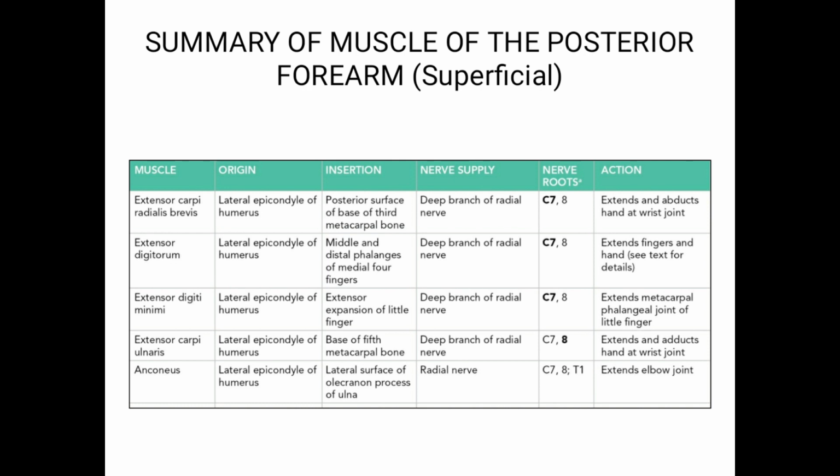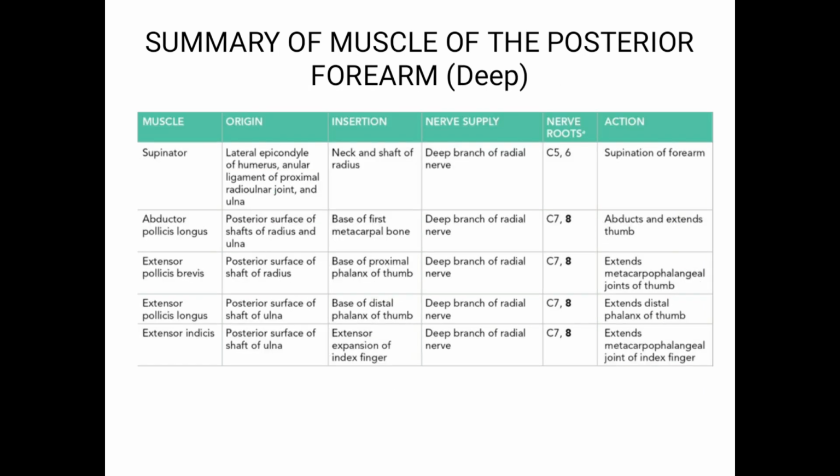Next, the deep group. You have the supinator, abductor pollicis, extensor pollicis, extensor indicis. Again, all radial nerve.